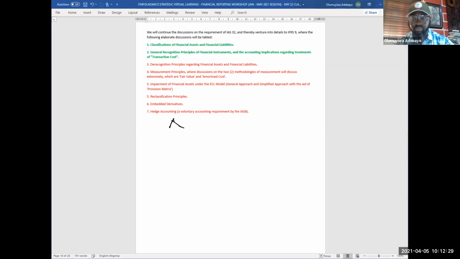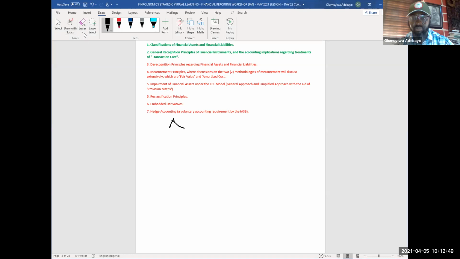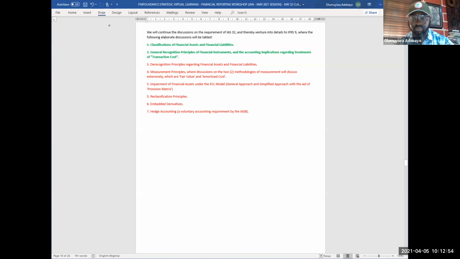Let's start with amortized cost. What is amortized cost?